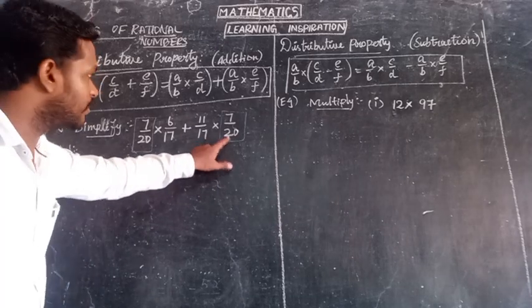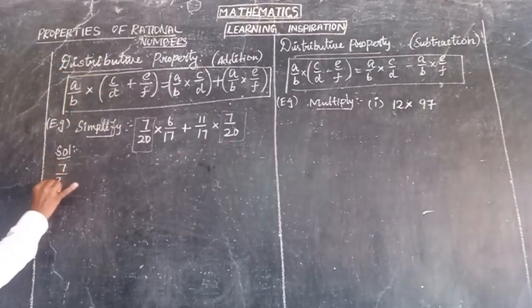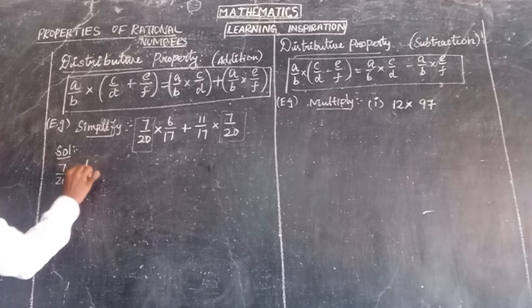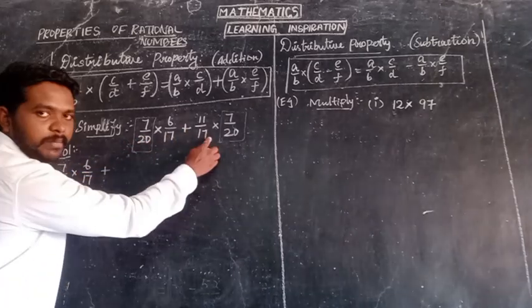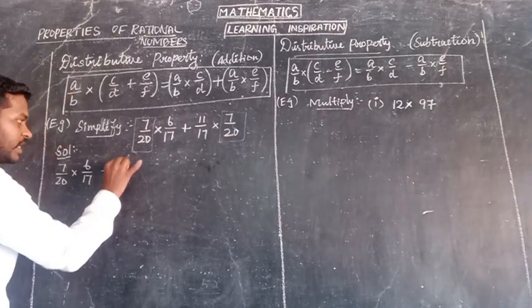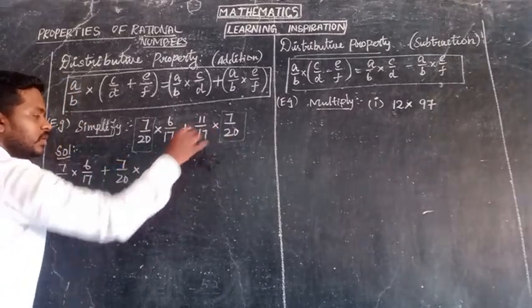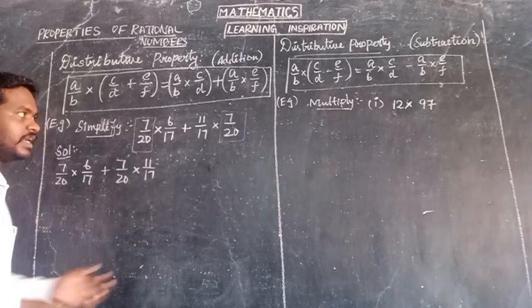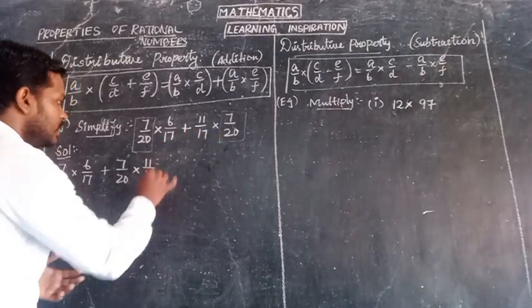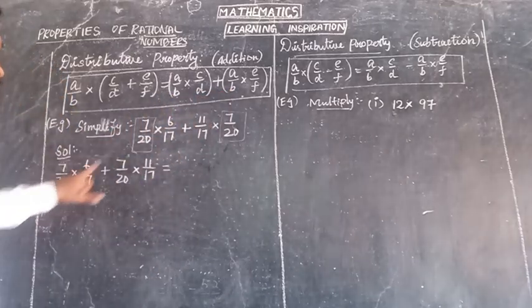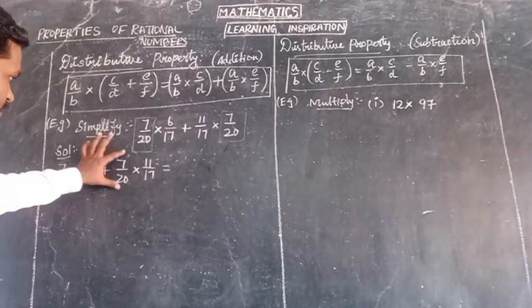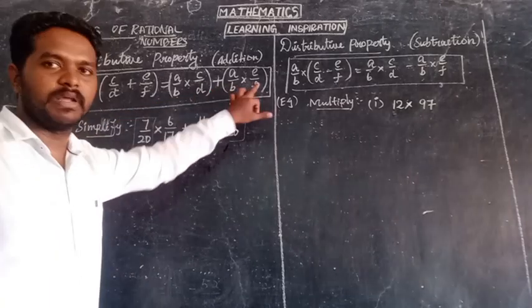So we can write the first term as 7 by 20 into 6 by 17 plus, using the commutative property, 7 by 20 into 11 by 17, because we can multiply two numbers in any order. This is now in the form a by b into c by d plus the same term a by b multiplied with e by f.